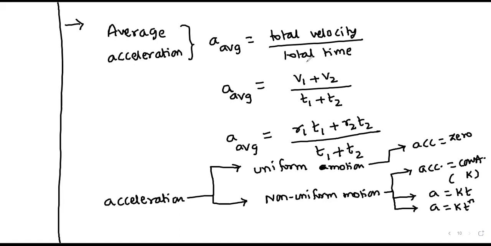See, acceleration is of two types: in uniform motion and in non-uniform motion. In uniform motion, acceleration is zero, and in non-uniform motion, we may have constant acceleration, or acceleration proportional to time variation.